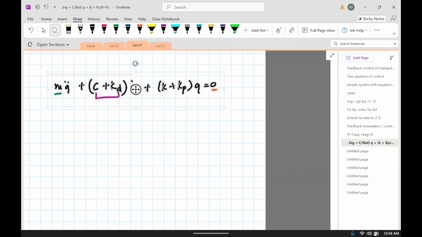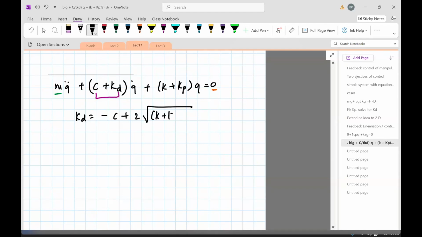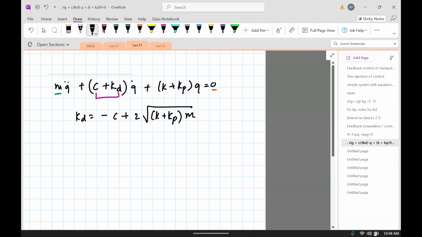And for this equation, we said KD is minus C plus 2 square root K plus KP times M. This is something we already got.